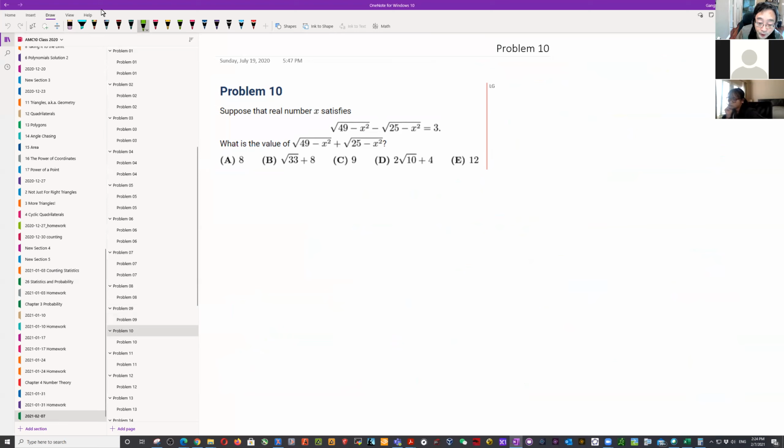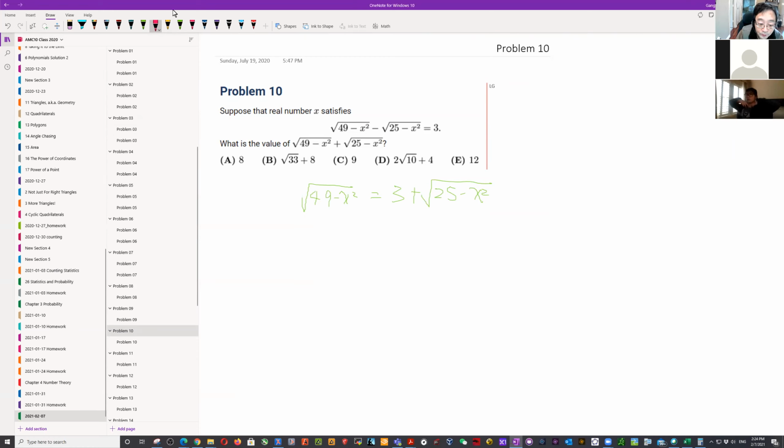It's much easier to handle one radical. So the way to handle one radical is that you put 49 minus x squared equal to 3 plus 25 minus x squared, all under radicals. This is a standard operation in radical handling.